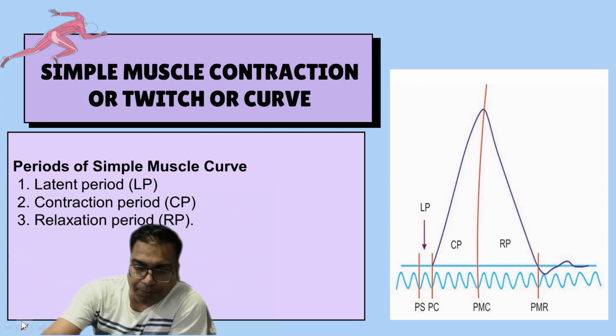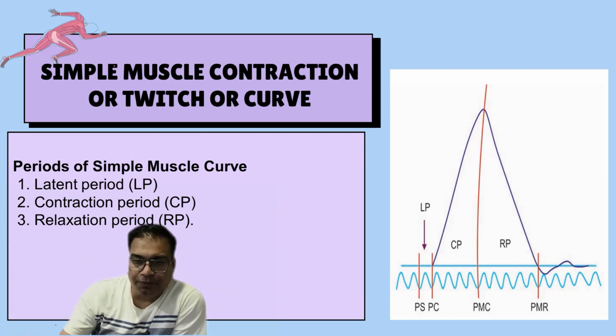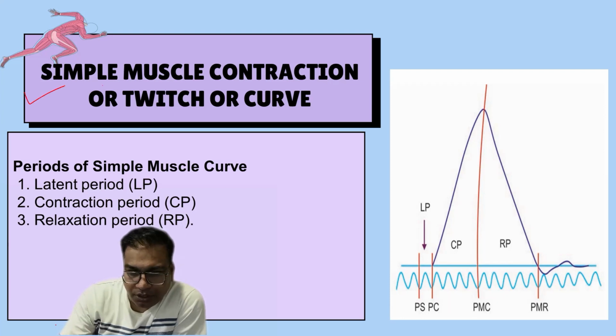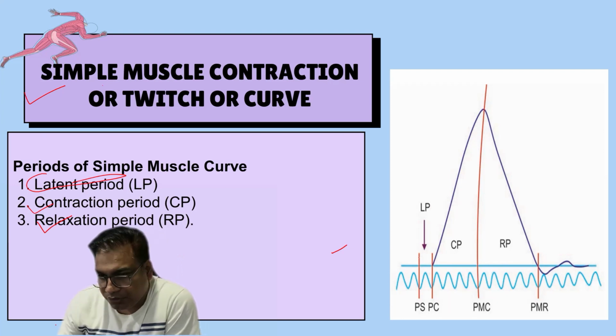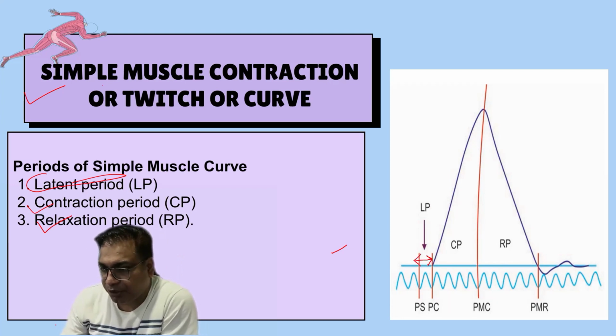What are the various periods mentioned in this muscle twitch or muscle curve? The latent period, contraction period, and relaxation period. The latent period is present between the point of stimulus and point of contraction.